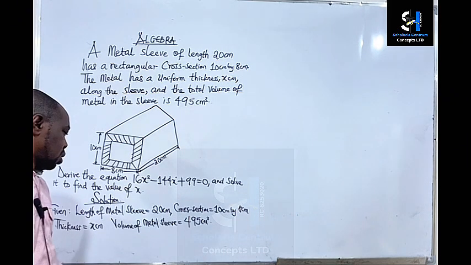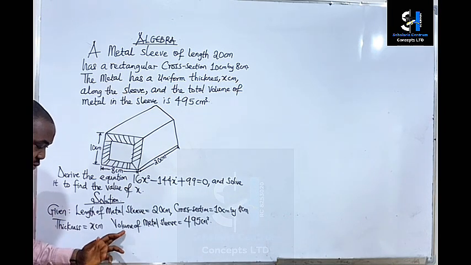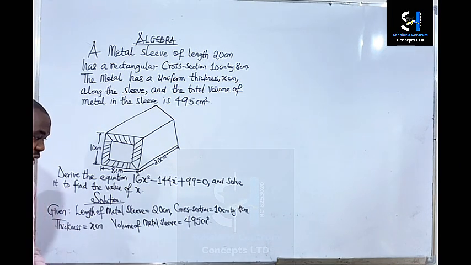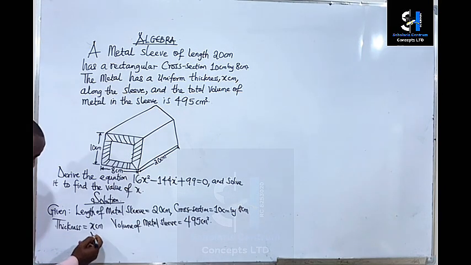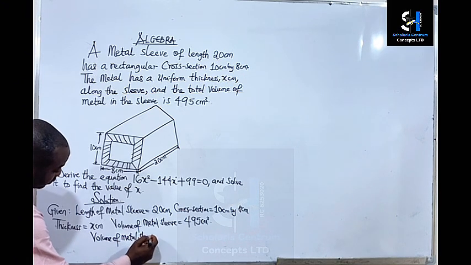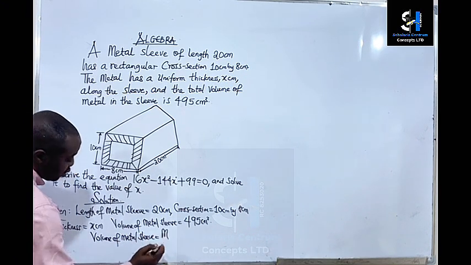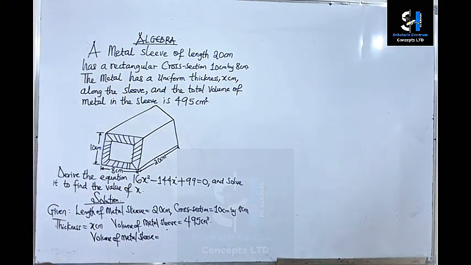Now, how to derive this equation: we have that the volume of the metal sleeve is 495. So what is the formula for the volume of the metal sleeve? Let's look at the diagram we have on the board.